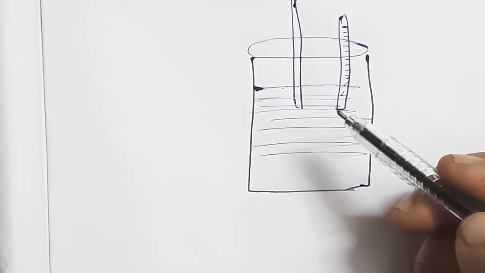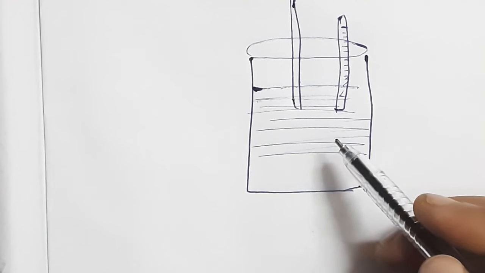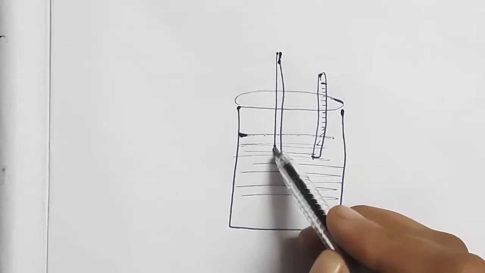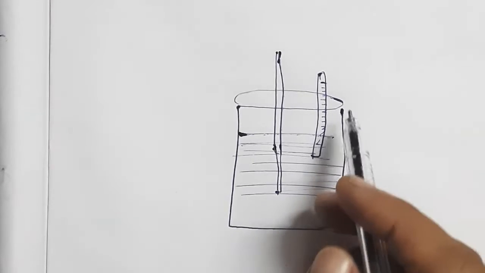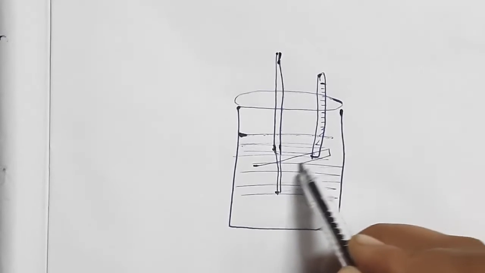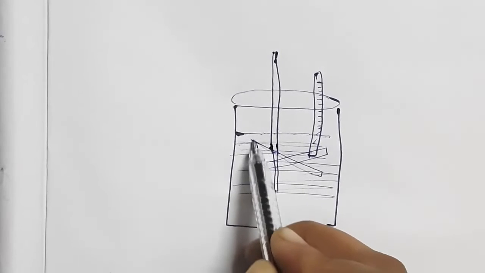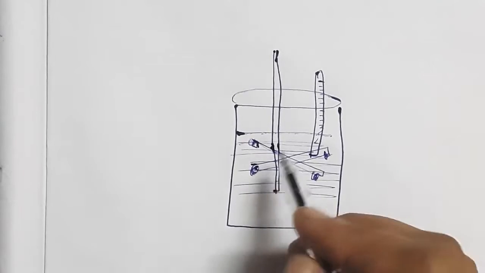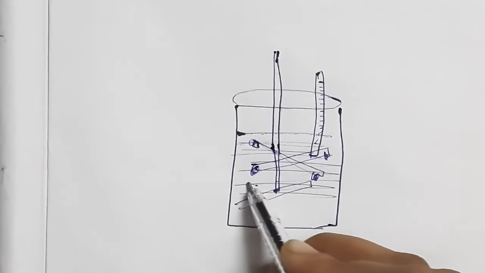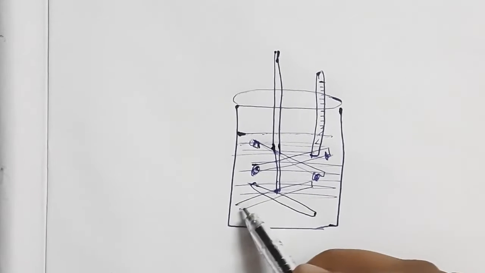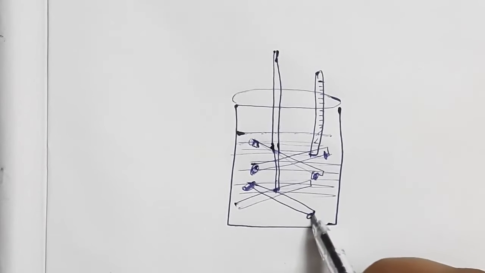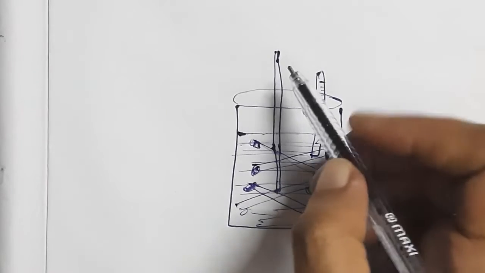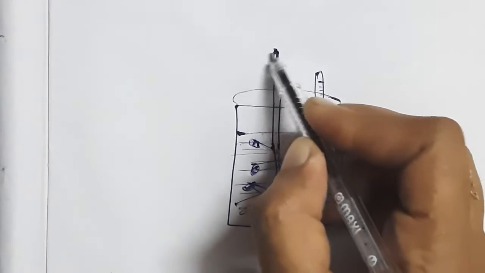And through the other hole, a paddle wheel is attached. There is a wheel here, and there is a small drum.